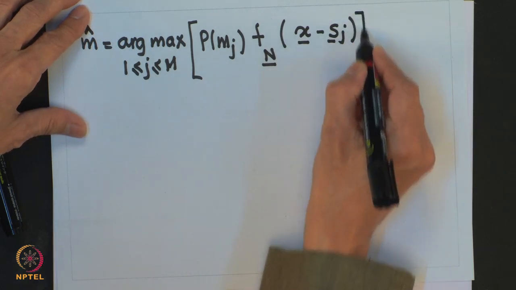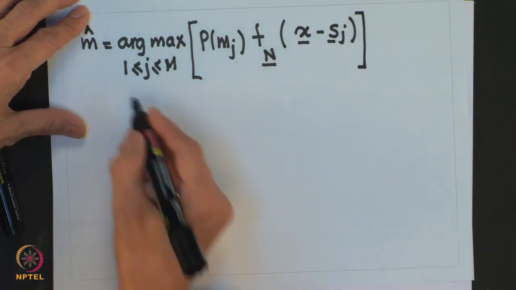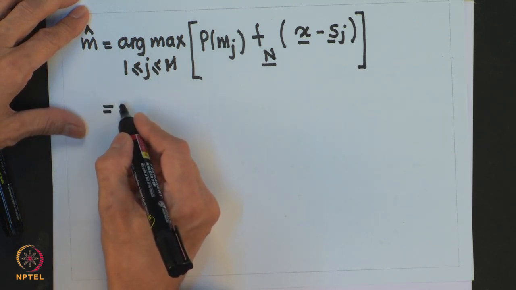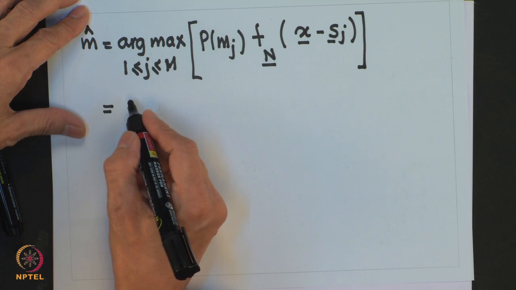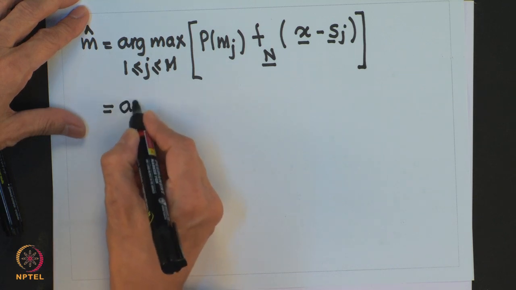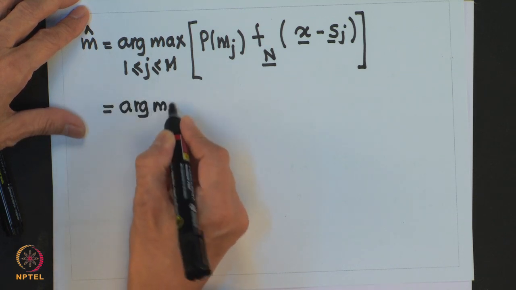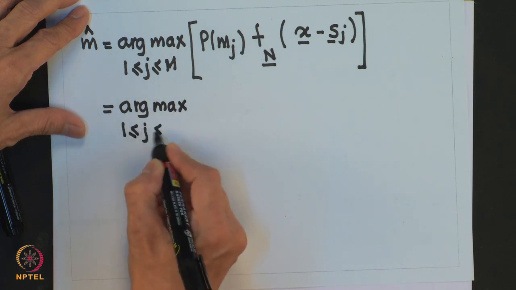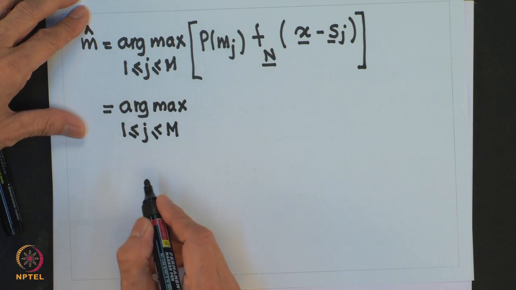We just discussed this. So, I can rewrite this using the PDF of the noise vector.